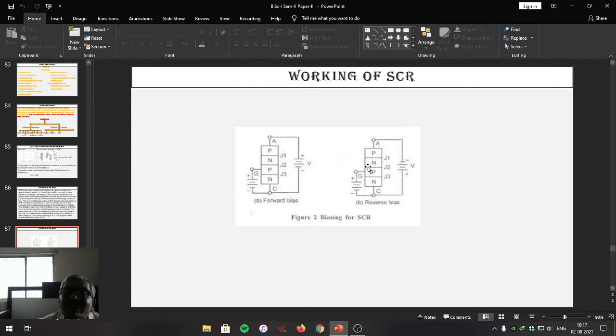And as J2 is forward biased, very near to J2, charge carriers move towards the junction J2, reducing the width of the depletion layer.